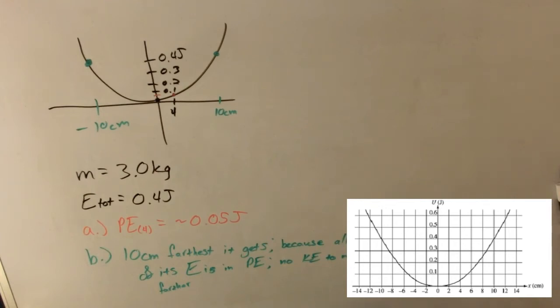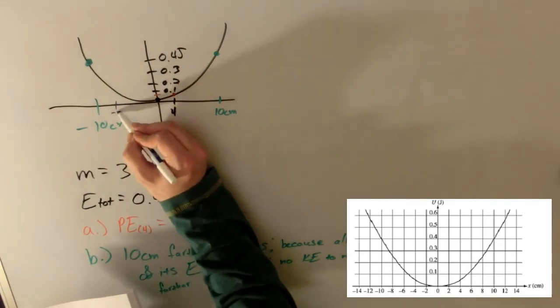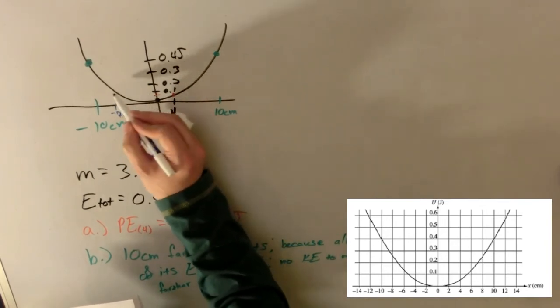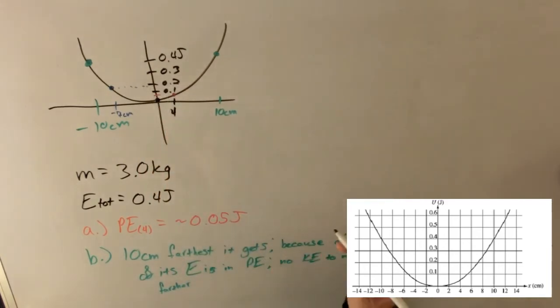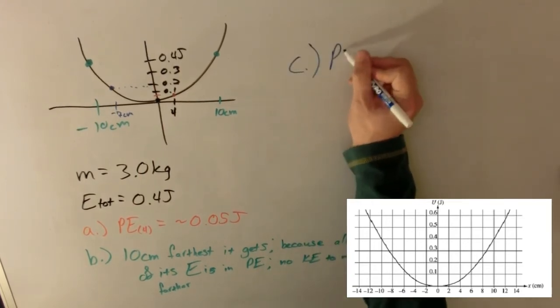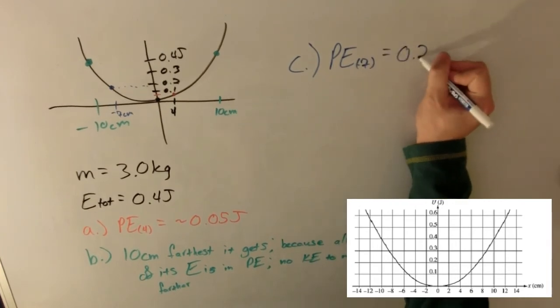Next one, C. Determine the object's kinetic energy when the displacement is negative 7 centimeters. Well, when I look on the graph, negative 7 centimeters happens right at about here, and that corresponds to about 0.2 joules. So at negative 7 centimeters, my potential energy equals 0.2 joules.